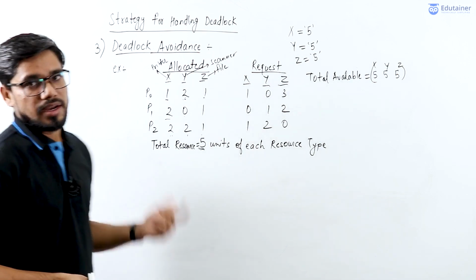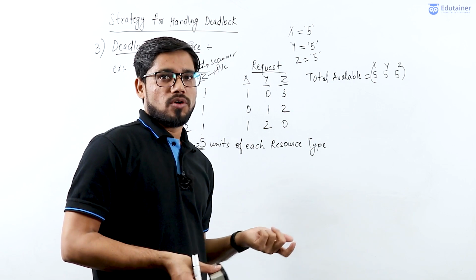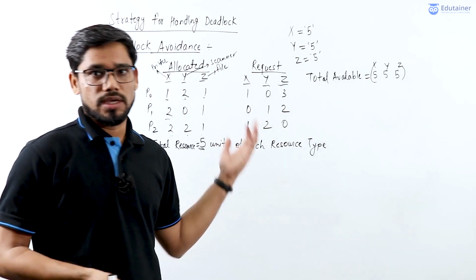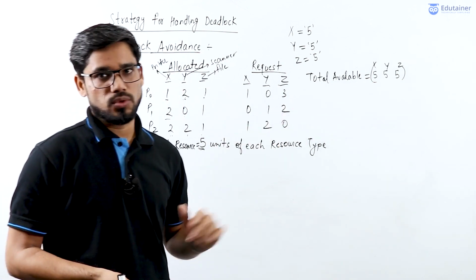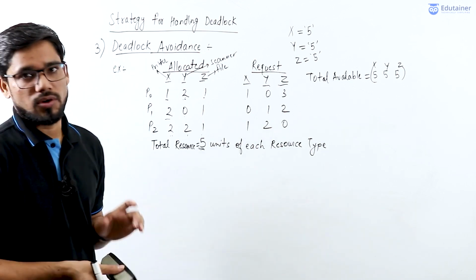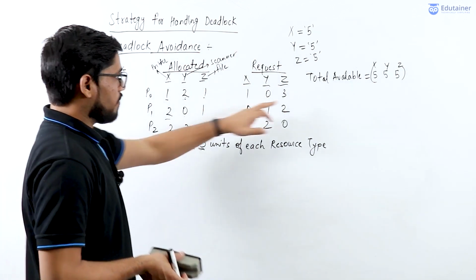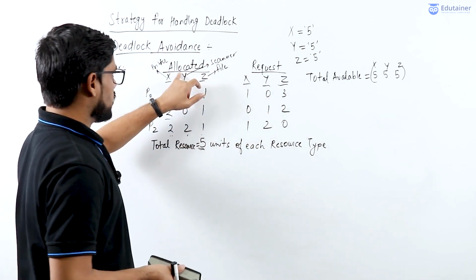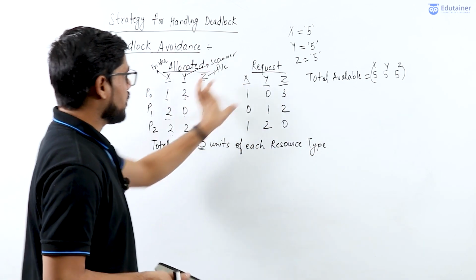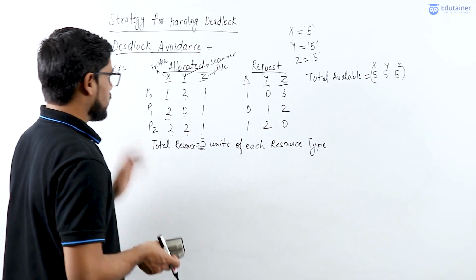If that leads to a safe state, that means the operating system would allocate the particular resource to the given process. Otherwise it will not allocate it. So one is the total available resources given, the allocation table is given, and the request table is given. Three things are given.